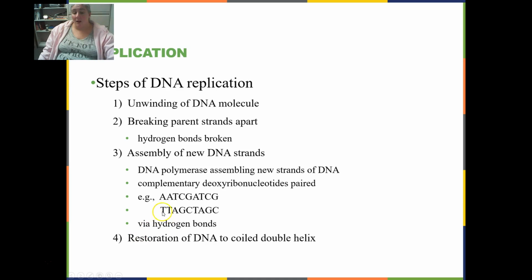Then we bind these together, make hydrogen bonds, and DNA ligase comes in and seals everything together on the backbone, and you end up having a complement strand here, daughter strand to the parent strand, and that is termed semiconservative replication.